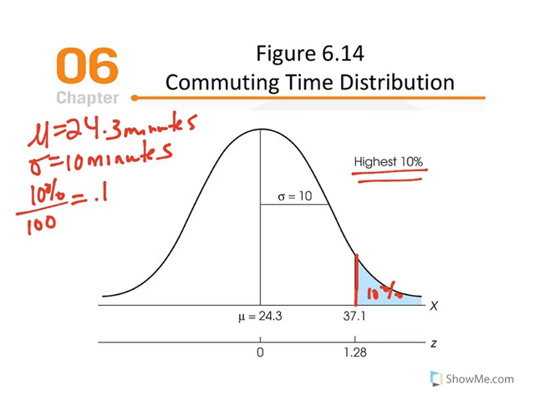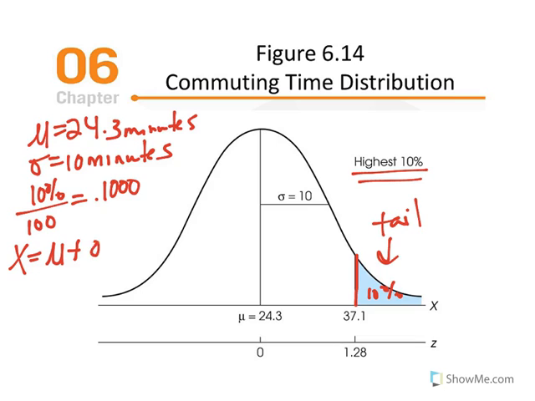So we're working with a proportion of 0.1000, and we know that this represents the tail, so that's how we're going to enter the unit normal table. And what we want to solve for is x. What is the amount of time spent by a commuter that places them in the top 10% nationwide?